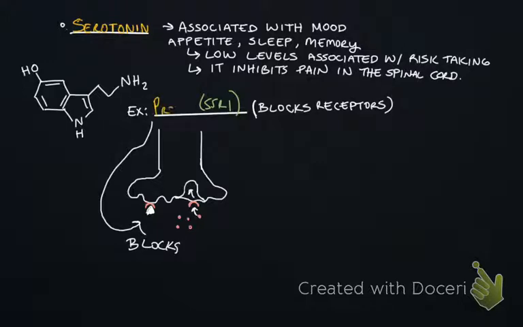Drugs like Prozac, which are termed SSRIs, and that stands for selective serotonin reuptake inhibitors, block the receptors that would want to reabsorb serotonin. So here we have our axon terminal, and let's imagine that here is our serotonin in the synapse space, and it's trying to get back up into the axon.